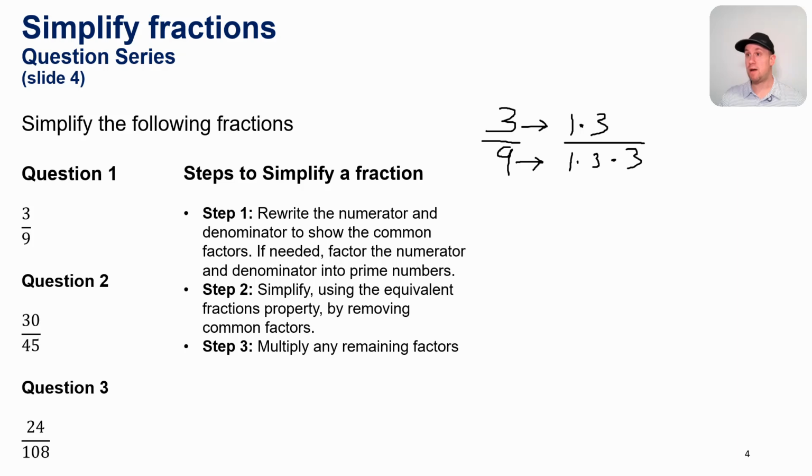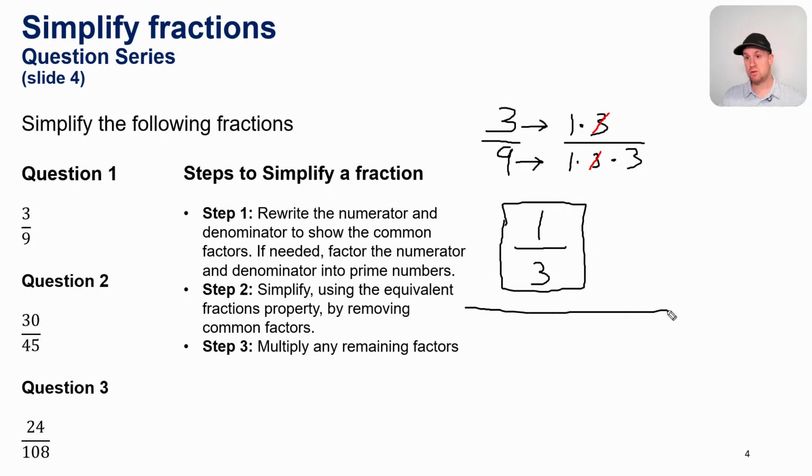The common factor, the number you would divide away from the 3 and the 9, is 3. What you then have is 1 by itself in the numerator, and then 1 times 3, which is 3, in the denominator. So our answer for this would be 1/3.